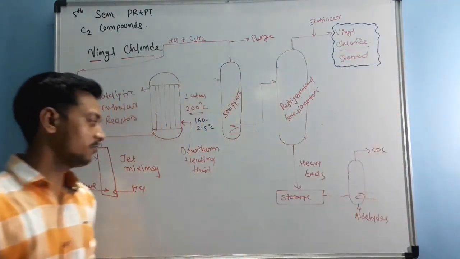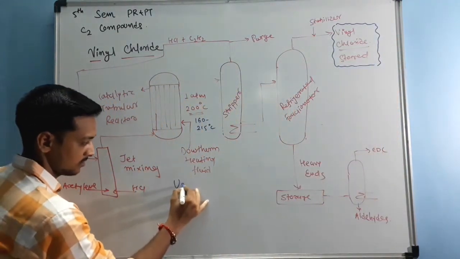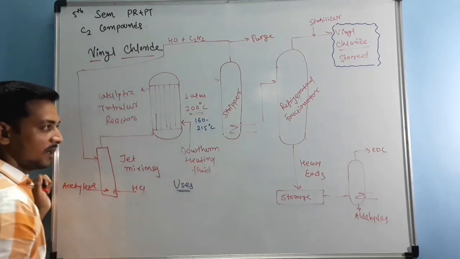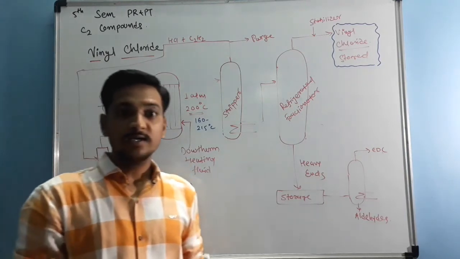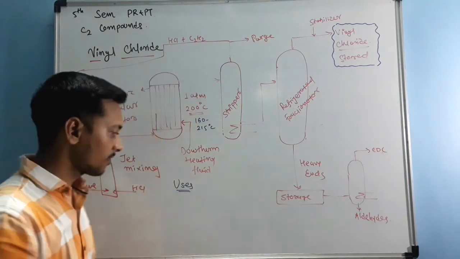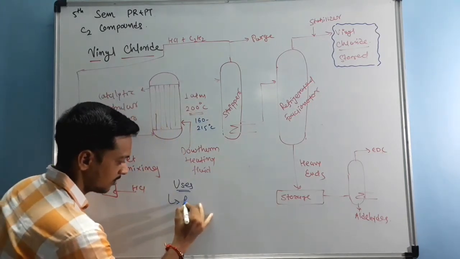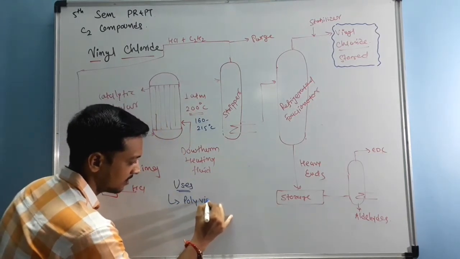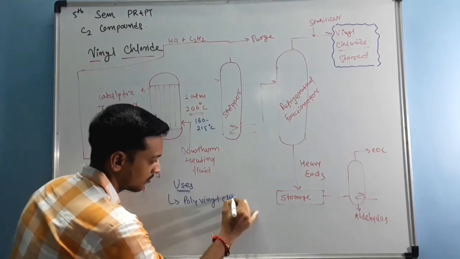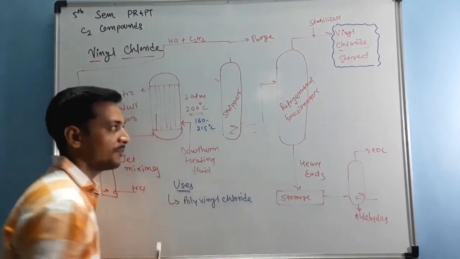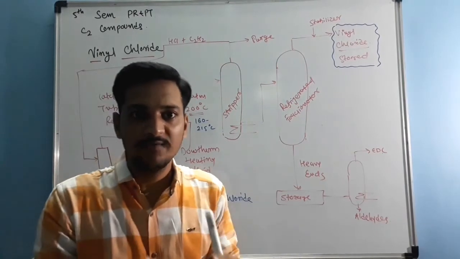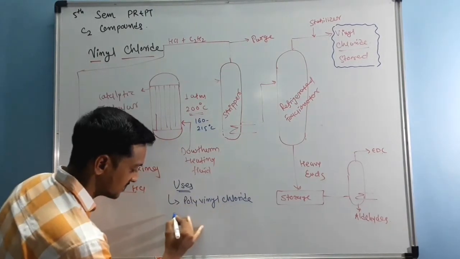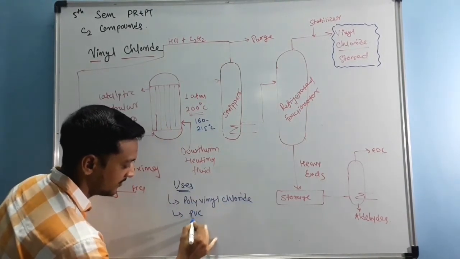Okay, now uses. Vinyl chloride is the monomer for polyvinyl chloride. That means it is the basic raw material for polyvinyl chloride, that we can say is PVC.